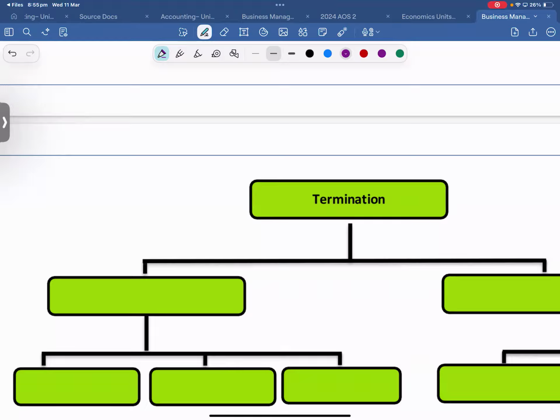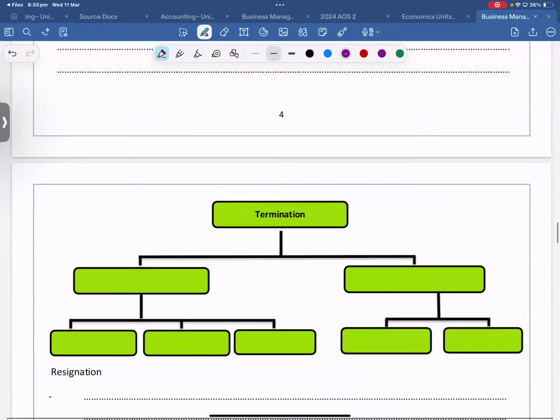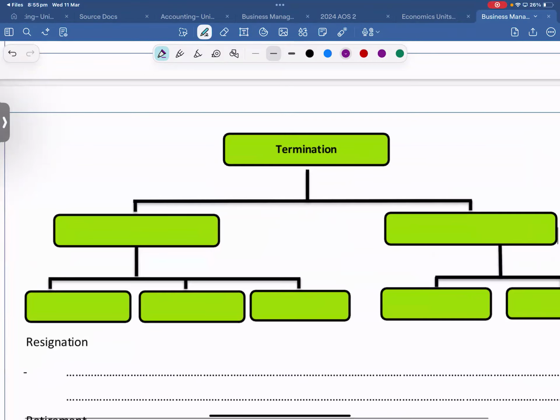Involuntary. Very good. Not involuntary resignation. Termination. Firstly, we are saying this is voluntary and involuntary.